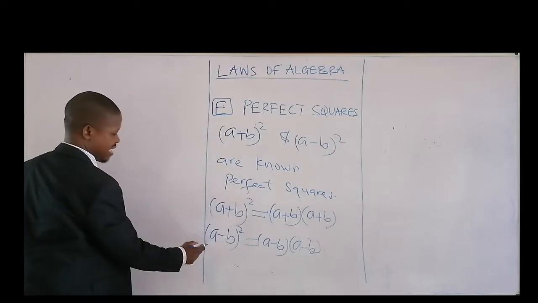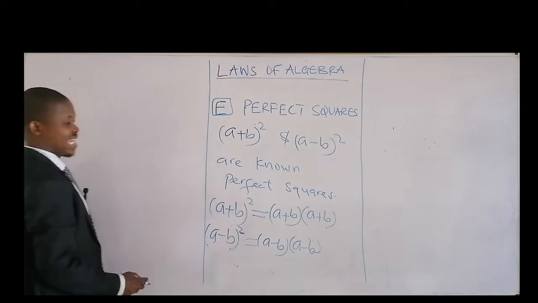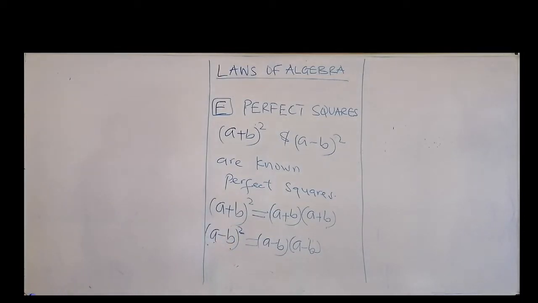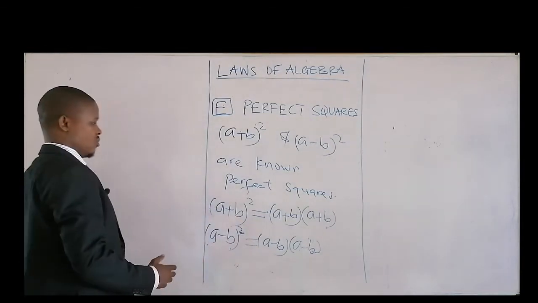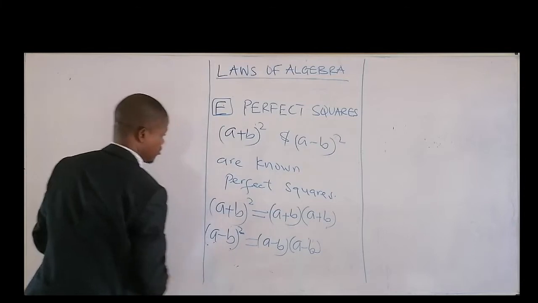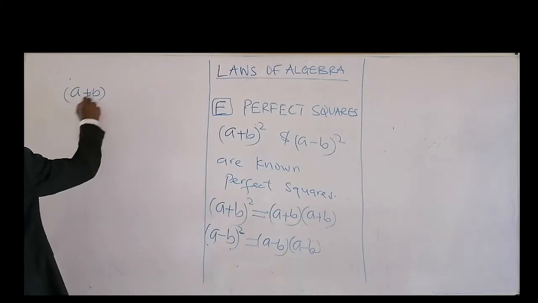What this means is that the expression a minus b is appearing 2 times. Without wasting time, we can do the expansion in a very fast way. Look at this.